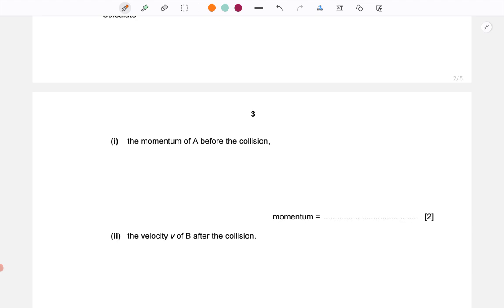Now, in this question, it's not necessary to apply the principle of conservation of momentum from the first part. In most questions, the first two parts are simply calculations of the first or second part of the collisions.